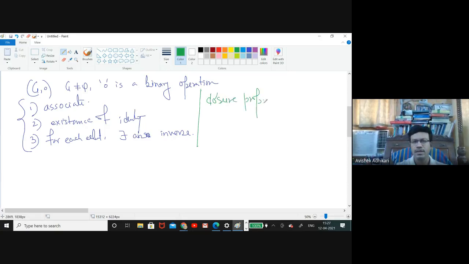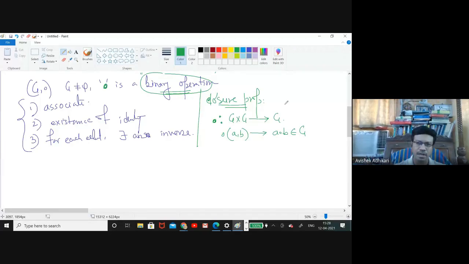As I mentioned in my last class, if this is already defined as a binary operation, then there is no need to mention the closure property, because a binary composition is nothing but a mapping from G cross G to G.